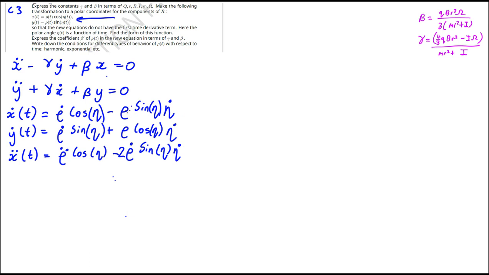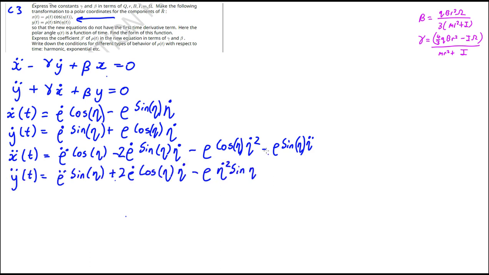Okay, so then I can keep the rho constant and then take the derivative of the sine term, in which case I pick up an extra factor of eta dot, and then now because it's actually got this eta dot on the end, I also have to take the derivative of that and hold the rho and the sine constant. So that means I'm going to get like that. Now you can do the same thing for y. No, this is actually the same as above. I just put the eta dot in front rather than behind.